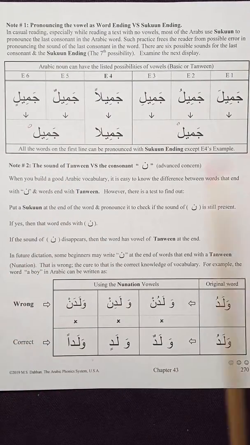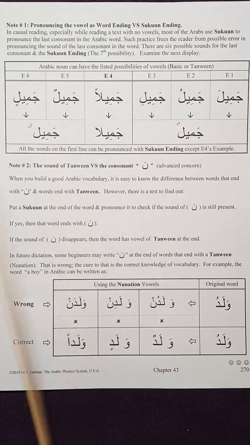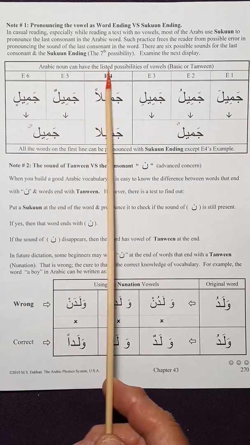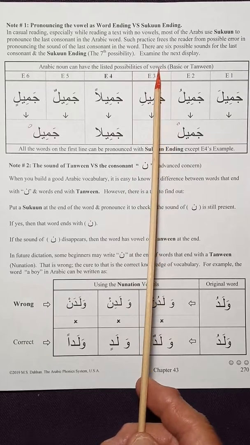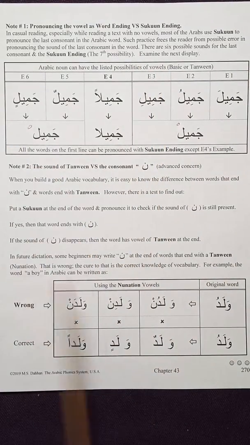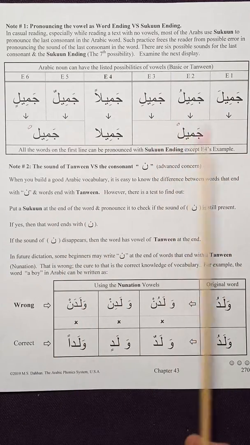That's what I mean. It's a big display for just that. I don't know why, but it emphasizes the idea of the last exercise we did, because this Arabic noun can have several possibilities. Well, I guess some people got confused.